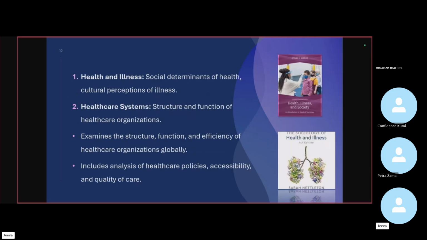So these are the key concepts in medical sociology. Once again, the main key concept is the health and illness of a person. Then how a healthcare system is structured and functions, how it has been formed, how accessible it is, and how much quality care it provides for the people.